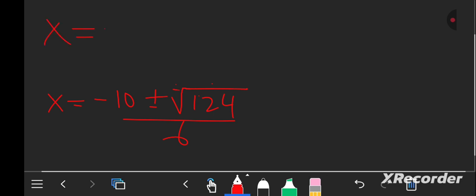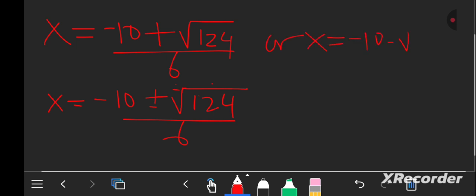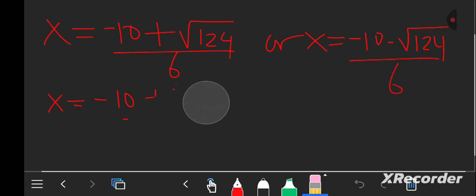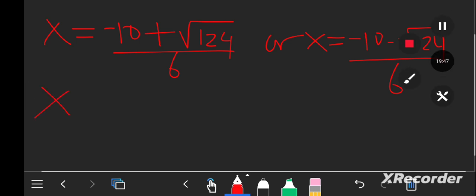The first one, let's take the positive value of the square root of 124 over 6, or x is equal to negative 10 and this time let's take the negative square root of 124 over 6, because we understand that the value from the square root can either be positive or negative. Let's punch this.